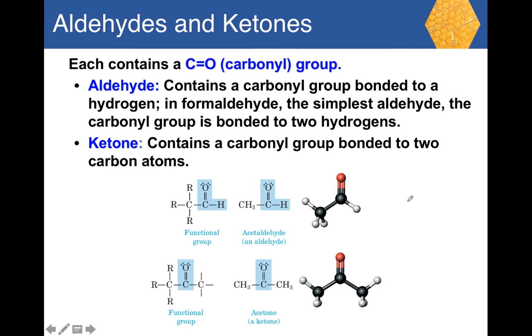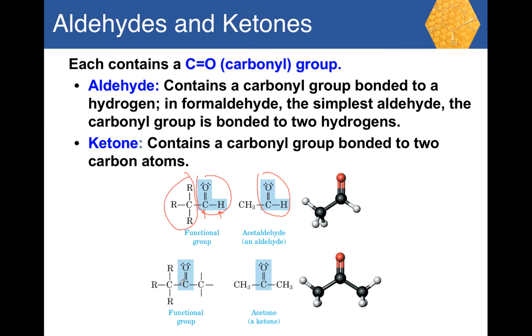Let's see if we can look at it a little differently. Here is an aldehyde, R. This is the R group back here. This is the carbonyl, and notice it's bonded to a hydrogen. That makes it an aldehyde. Here's another example. Aldehyde functionality is here. So the hydrogen that's bonded to the carbon of the carbon-oxygen double bond makes this molecule an aldehyde.